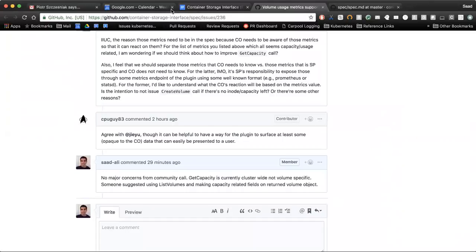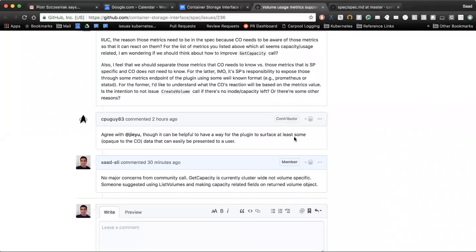Sorry. Oh, so that also means we probably need the volume to be published on the node if we want to use those metrics. Volumes published, as in controller publish, or I mean node publish. If we want to use DU, I think it makes sense to have something from the node because it's the source of truth.